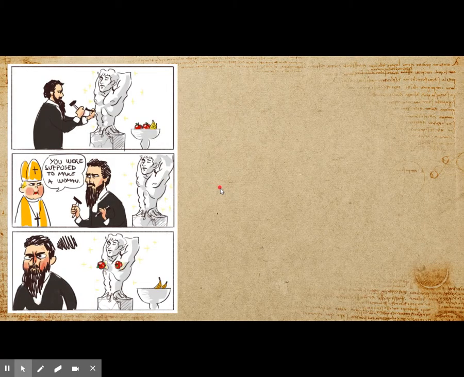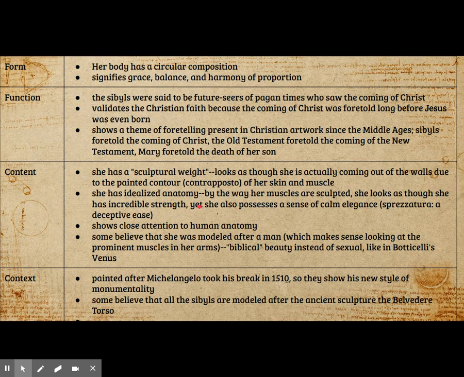The joke is again that all of his women look like men because they were originally men, with just the important elements added onto it. So again, she's got this sculptural weight, and she looks like she's made out of stone rather than muscle. And she is idealized.